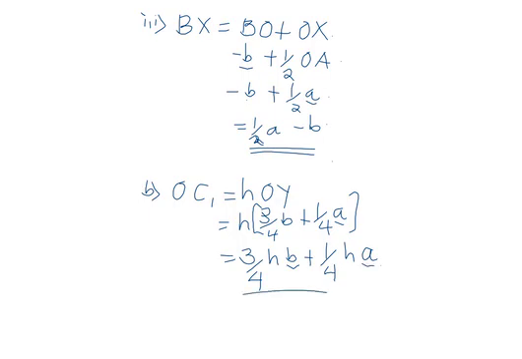That is the first expression of OC, and OC can also be expressed as OB plus BC. OB is vector B, plus BC we are given as k of BX.